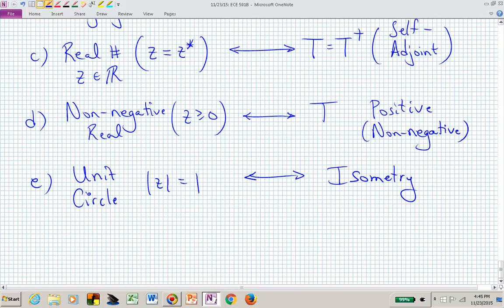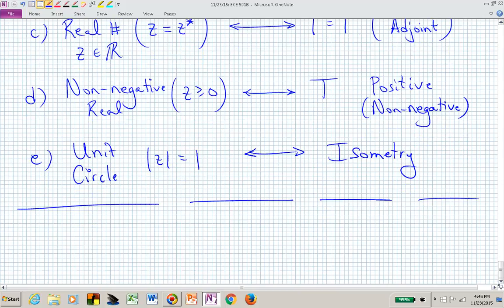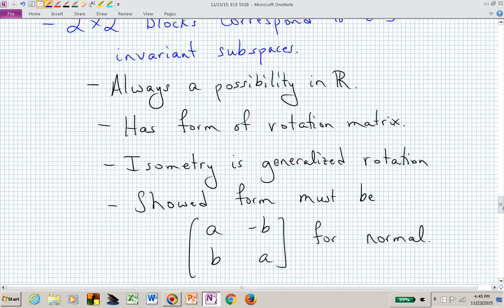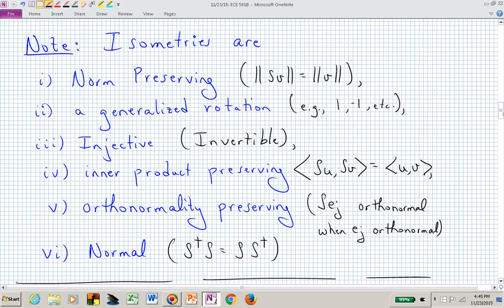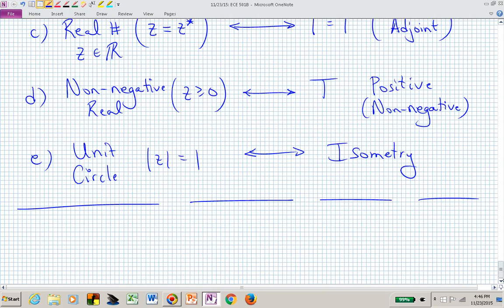We could have complex eigenvalues. Their absolute value is 1. That's an isometry. Now a normal operator, what's a normal operator? What did we say? If we have an isometry, then we know it's normal. We could have a normal operator that's not an isometry. But if it's an isometry, it is normal.